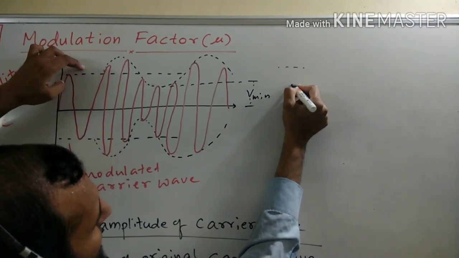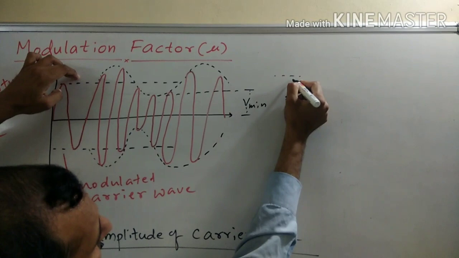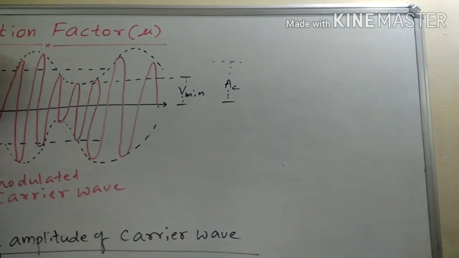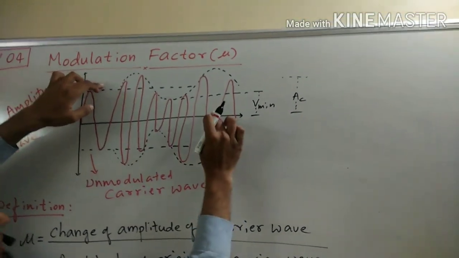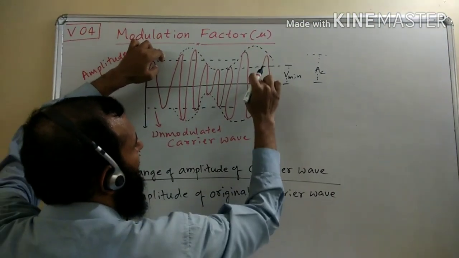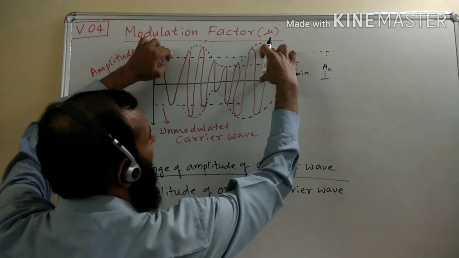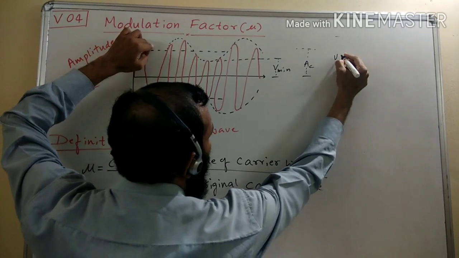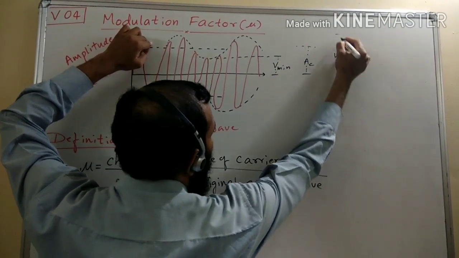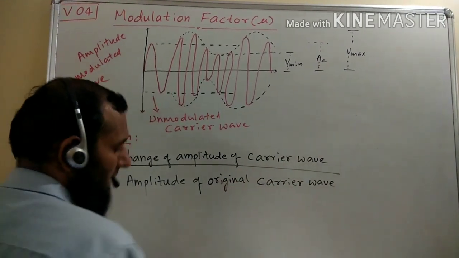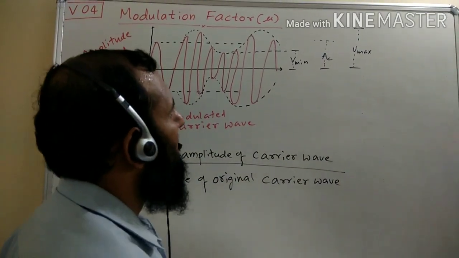The amplitude of carrier wave we have taken as AC. And we have one more amplitude from here to here. This is the maximum amplitude of the AM wave. Let us take it as V maximum.